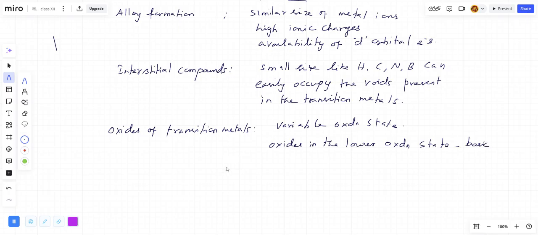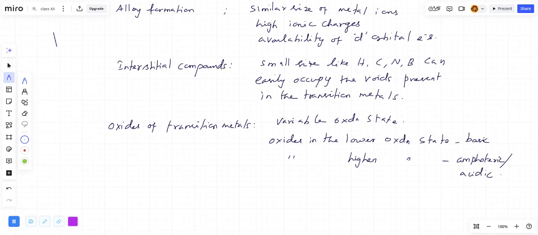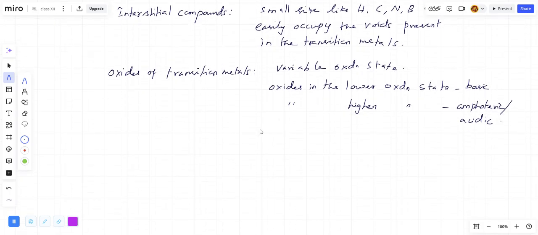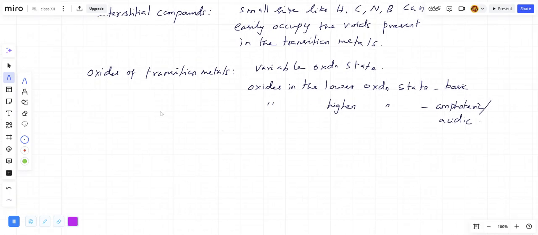This is very important. Similarly, oxides in the higher oxidation states may be amphoteric or acidic, mostly acidic. So this is all about oxides of transition metals, and these are the important properties.